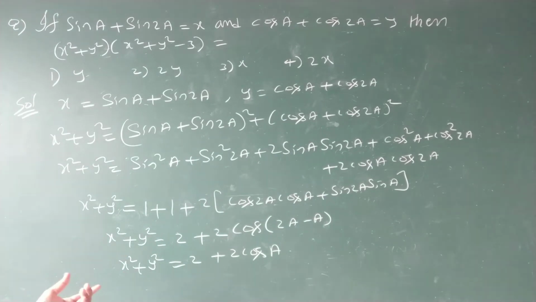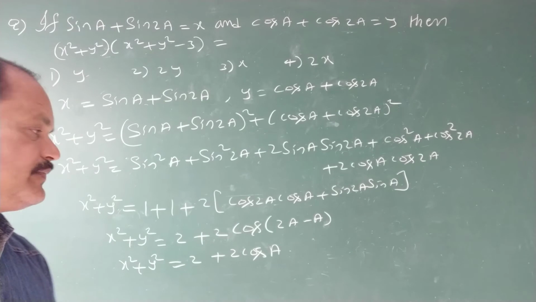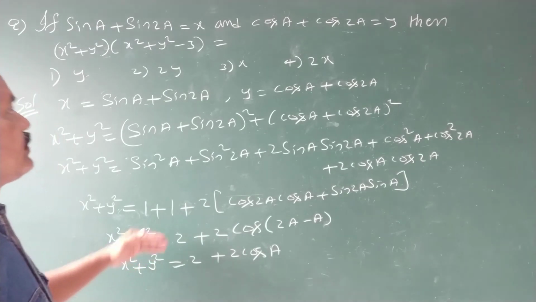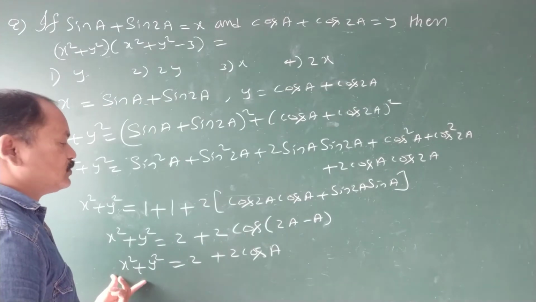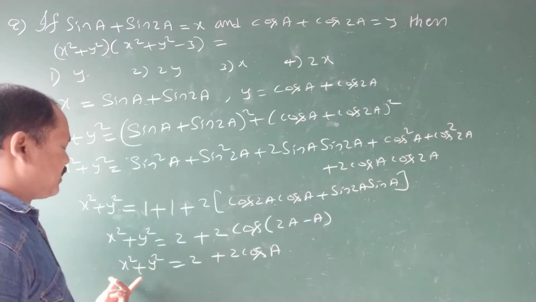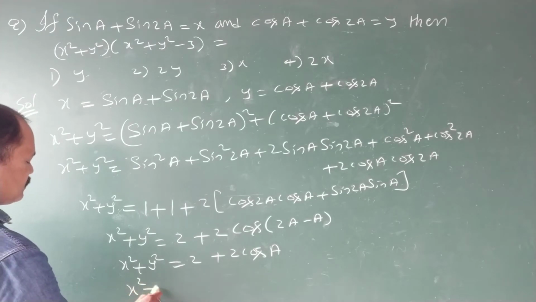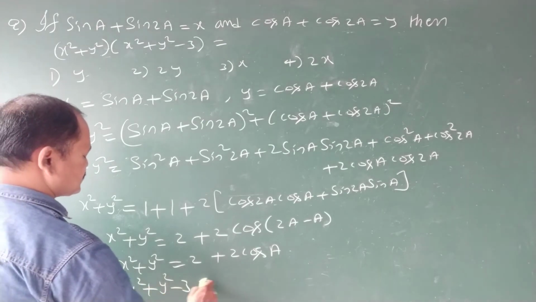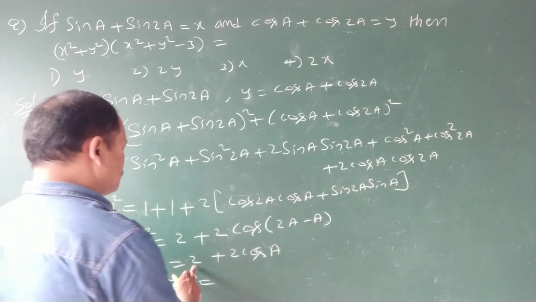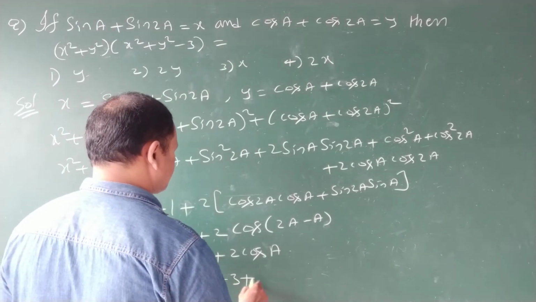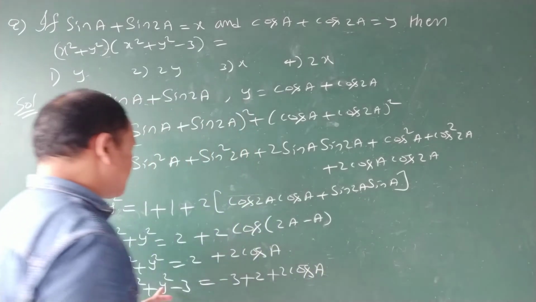Now x square plus y square is equal to 2 plus 2 cos a. Now x square plus y square minus 3. That's why we have to subtract 3 on both sides. So x square plus y square minus 3 is equal to minus 3 plus 2 plus 2 cos a, that means add minus 3 on both sides.